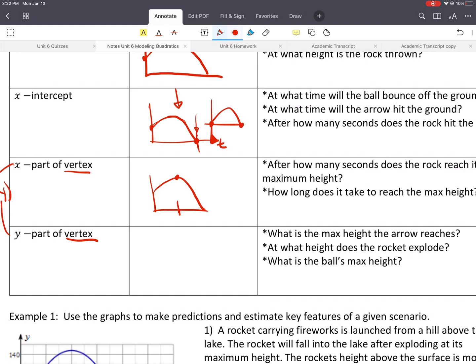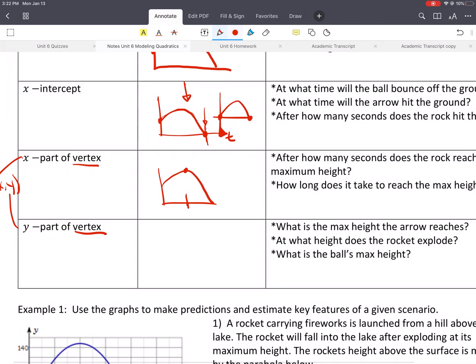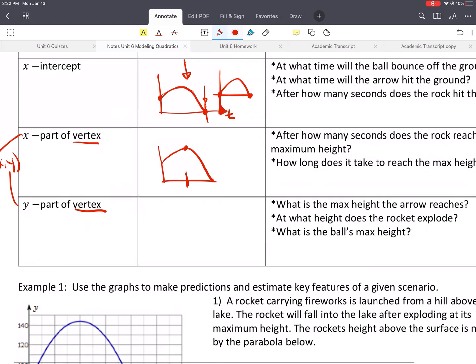Or how long does it take to reach the maximum height? Oftentimes it has a lot to do with time, or I think we've had some where you throw a ball, this would be distance, something like that.